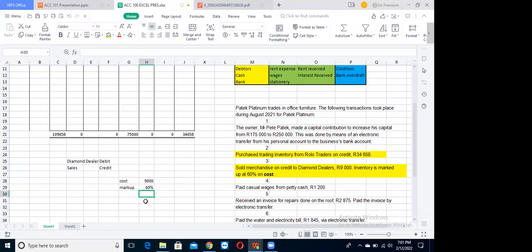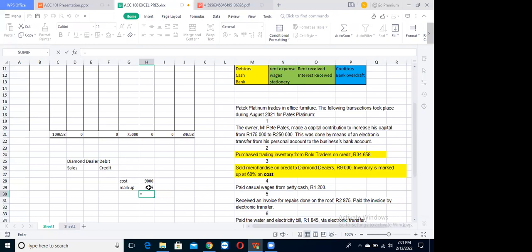So for every product that we sell, we must add a markup to arrive at its selling price. Suppose you're buying a product for 10 Rand and your markup is 10%, which is 1 Rand. You are going to sell it for 11 Rand and make a profit of 1 Rand. That is simply what markup is trying to achieve.